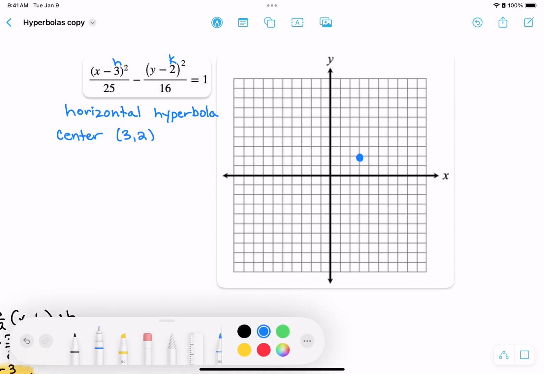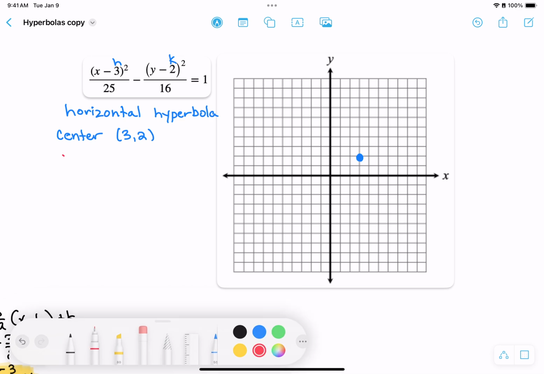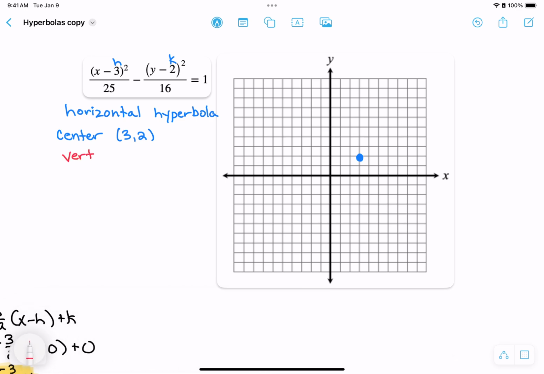Okay. So now we've got to figure out where the vertices are. And the vertices come from our a squared value. A squared is 25. A squared is always the one that comes first, no matter what. So that means a is 5.